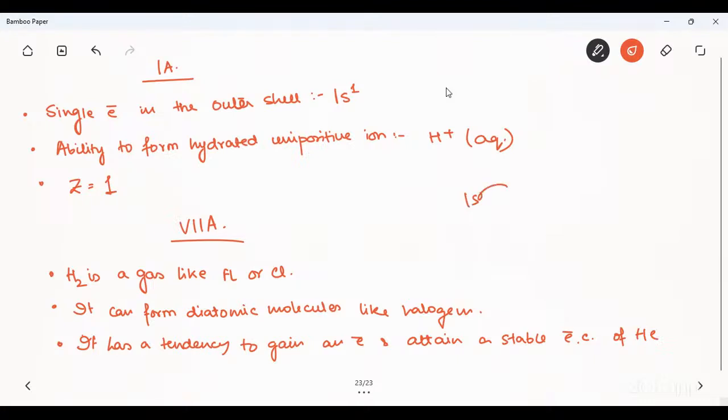If it gains one more electron, it will be 1s2. 1s2 is the electronic configuration of helium. Helium is stable, we all know that. So that's what I am writing here of helium.